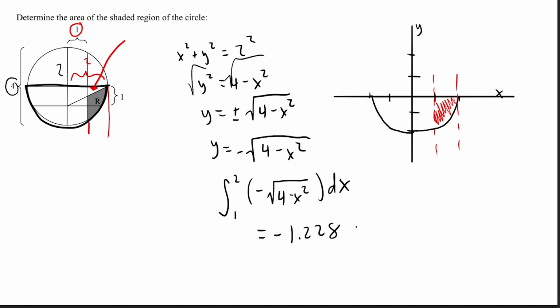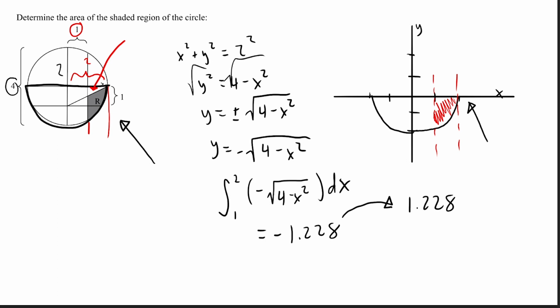Now, although this area here is negative, since in the way we solved it, the area is under the x-axis, the original diagram doesn't have any axes and doesn't indicate that it should be negative. And so what we can do is just treat this area as 1.228.